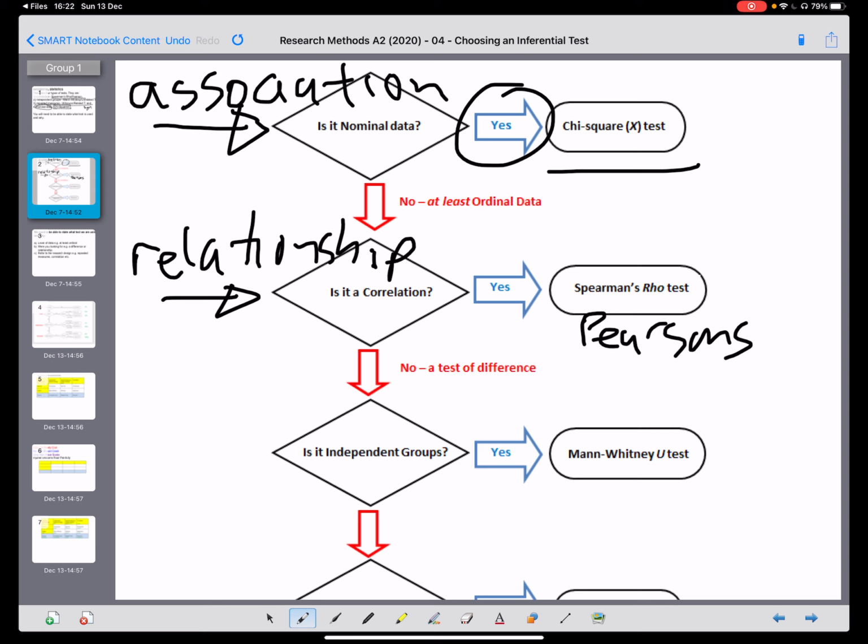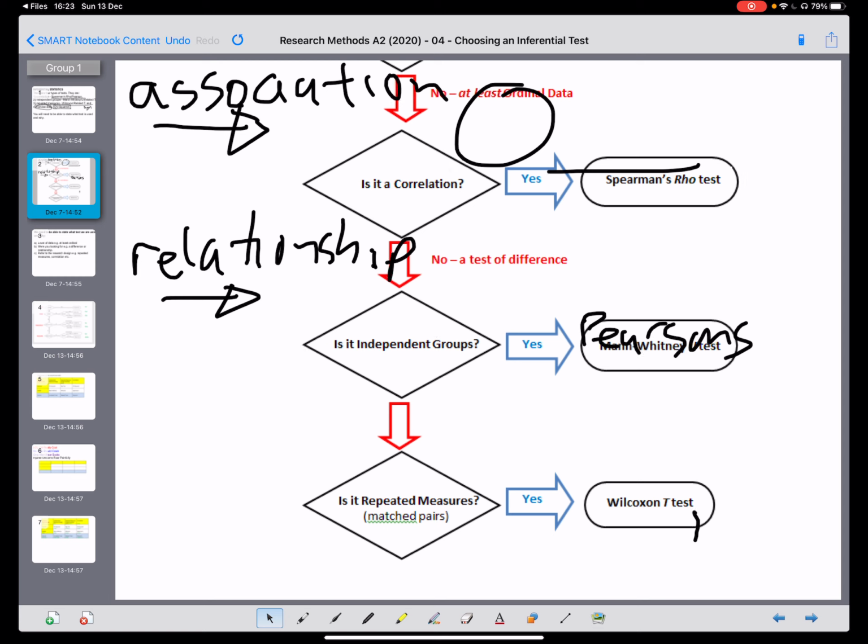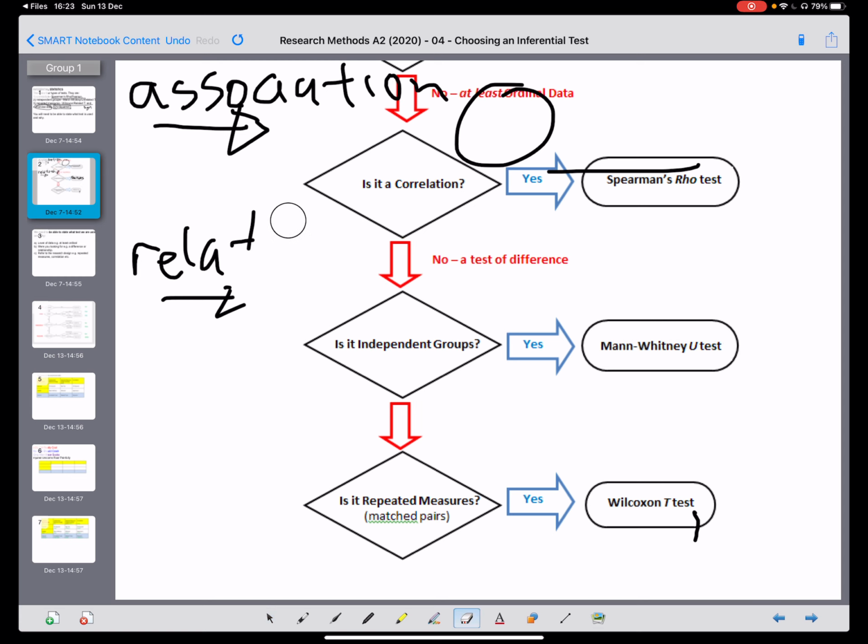So the way that my flow diagram works is it gets your nominal data out of the way and then gets your correlation out of the way. Now, the truth of the matter may be that we are able to answer no for both of those.